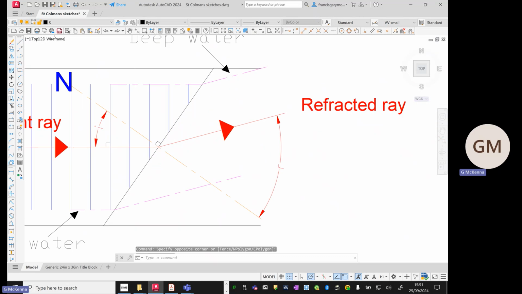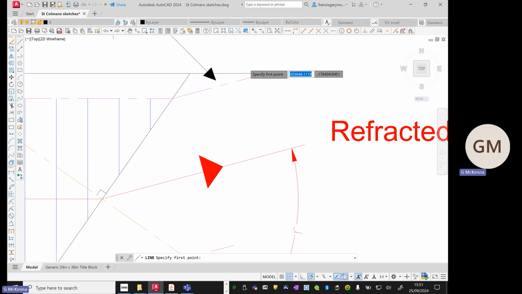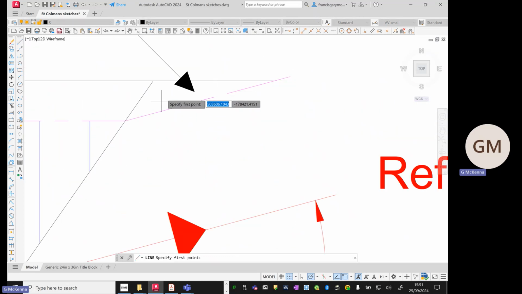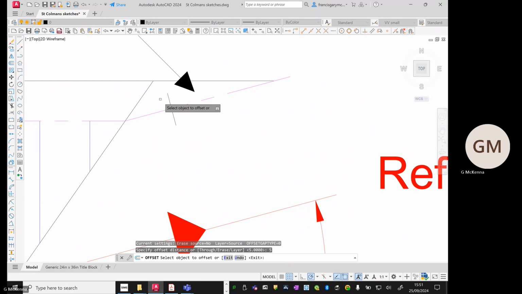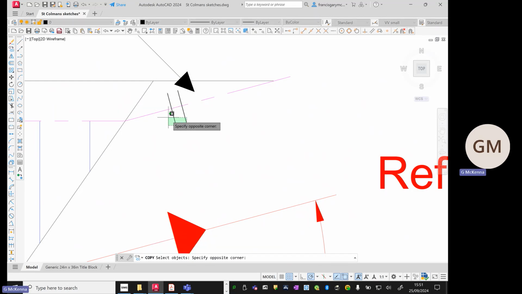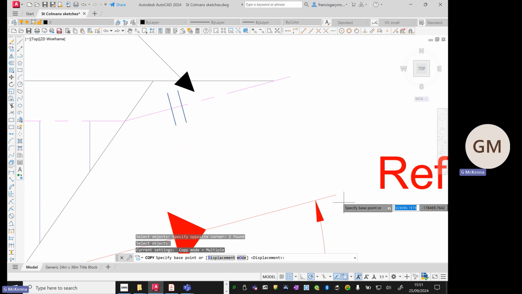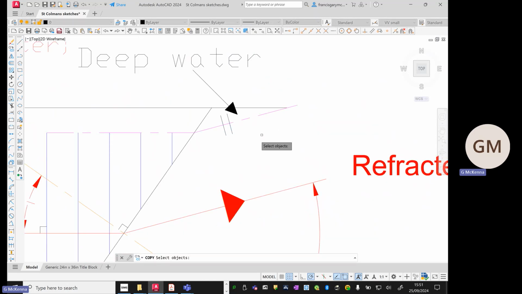I haven't put in the two double dashes here, but hopefully it's pretty clear from the diagram that this first ray is parallel to the others. Just note this down quickly to make your notes a little bit clearer.